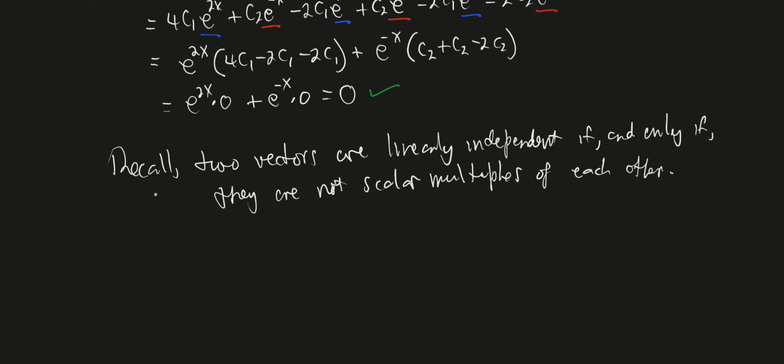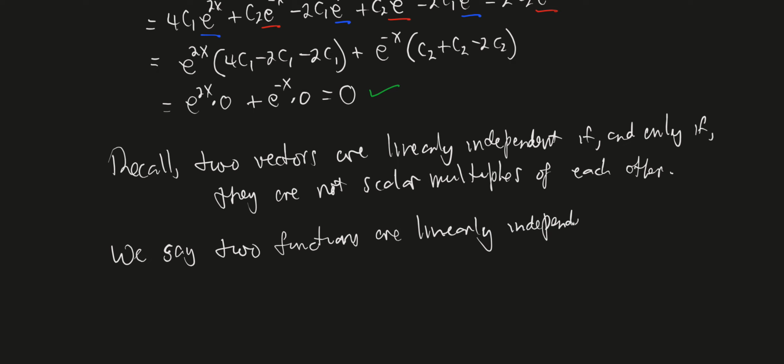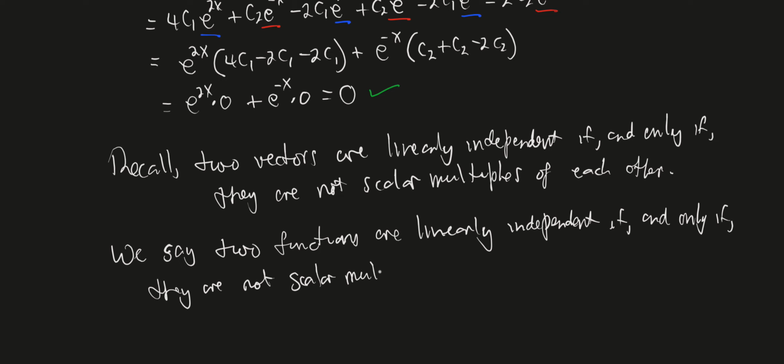So with this in mind, we say two functions are linearly independent if and only if, again, these functions are not scalar multiples of each other.